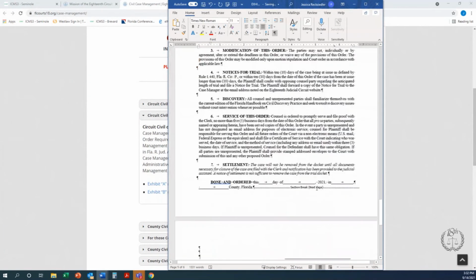Now, again, the other portion of the order coming to the signature block. In Brevard County, ICMS does not have the same system that it is in Seminole County. Therefore, the electronic signature populates differently in Seminole County than it does in Brevard County.